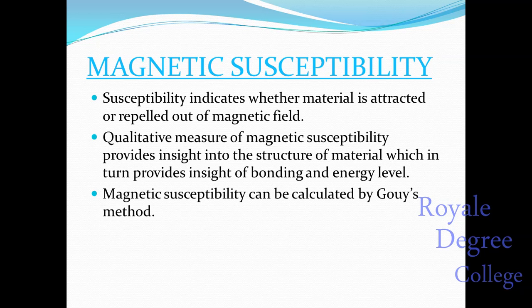The qualitative measure of magnetic susceptibility provides insight into the structure of the material, which in turn provides insight into bonding and energy levels inside the material, which type of bonding is going to be formed and which type of energy levels will be there. Then, magnetic susceptibility can be calculated by which method? It can be calculated by Gouy's method.